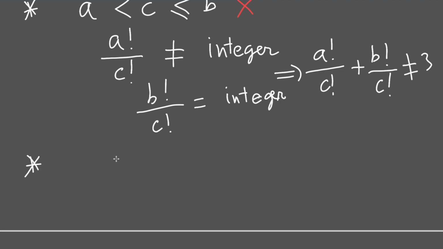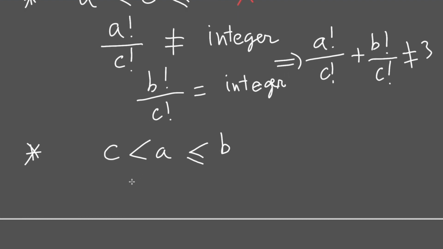The next case is c < a ≤ b. In this case, first look, you would say a ≥ 2, because the smallest number here is c, and c ≥ 1. Then b and a are greater than or equal to 2.